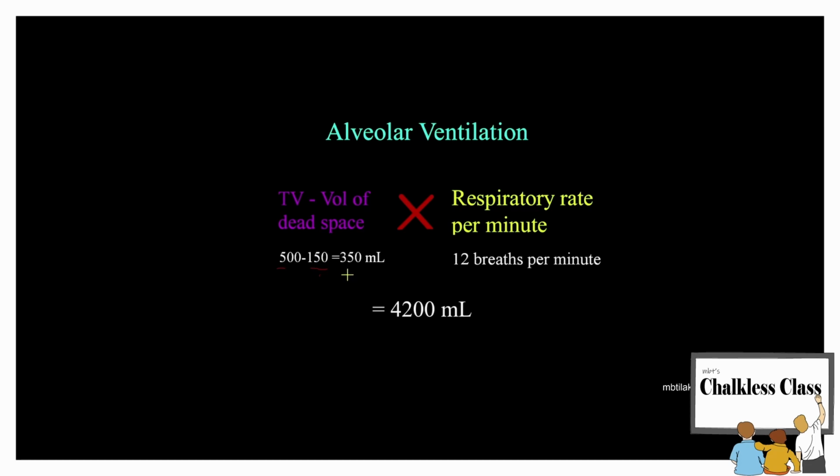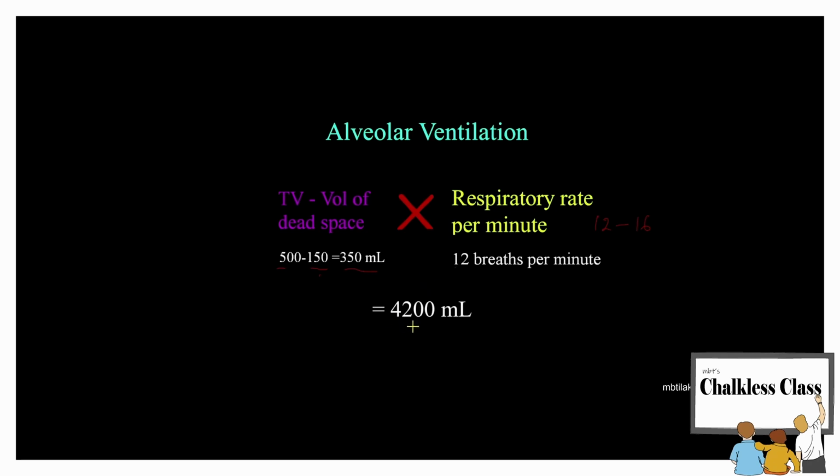Only 350 ml is involved in the exchange of gases. So, tidal volume minus volume of air in dead space, into respiratory rate per minute. The respiratory rate, as we discussed earlier, may range from 12 to 16 times per minute. Here we have taken 12 times per minute. So 350 ml into 12.